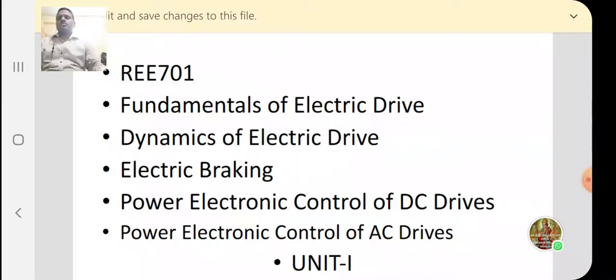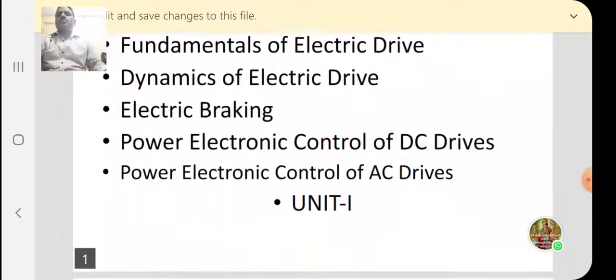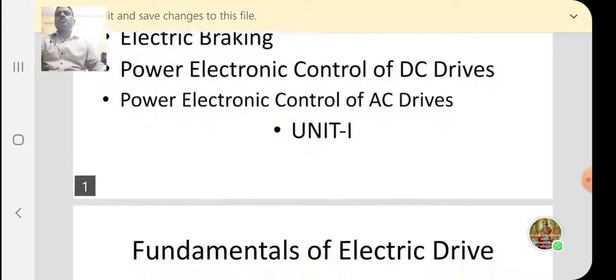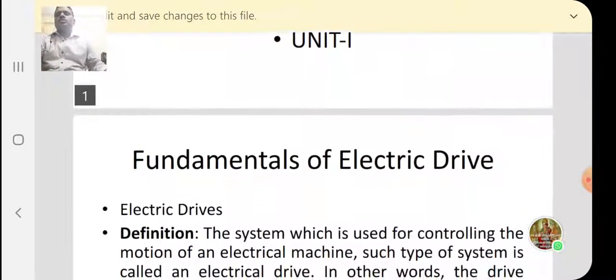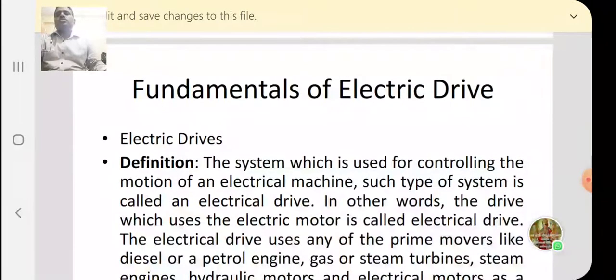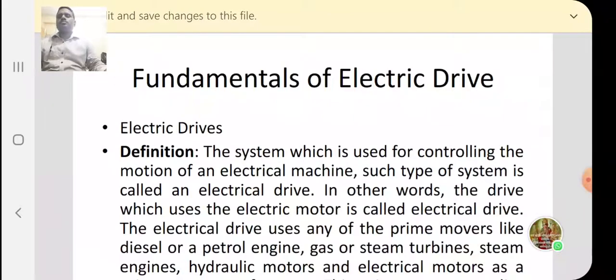The fourth unit is power electronic control of DC drives, and the fifth unit is power electronic control of AC drives. Today we will start with unit 1.